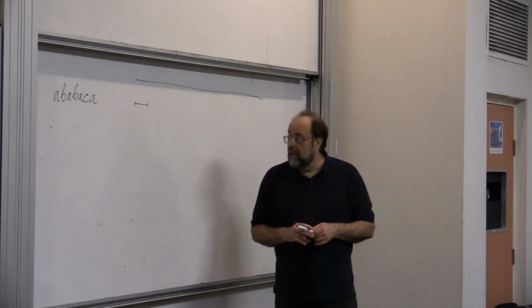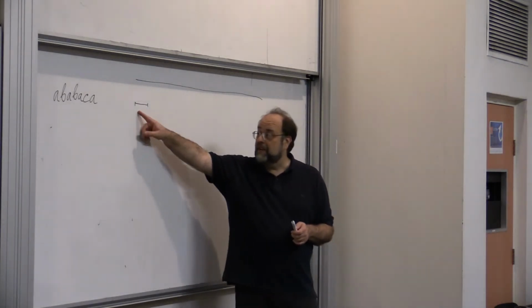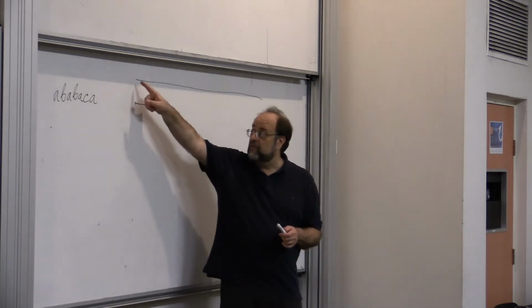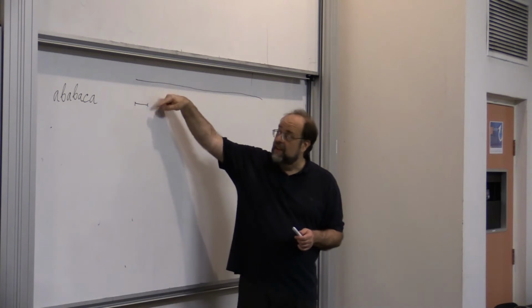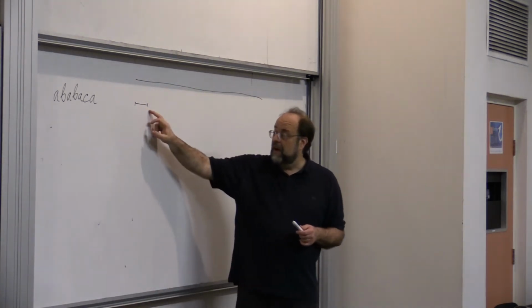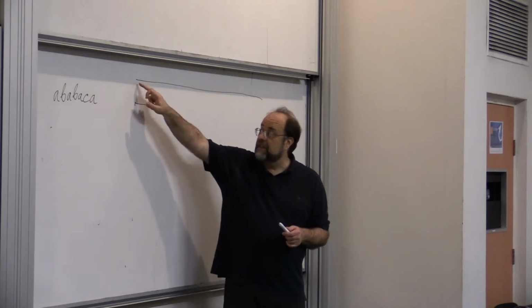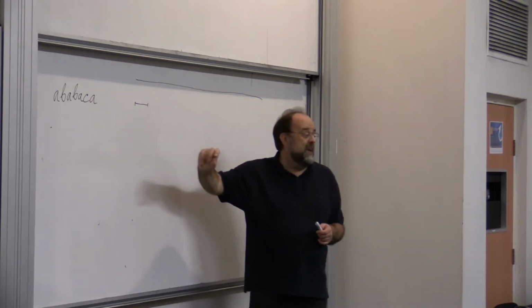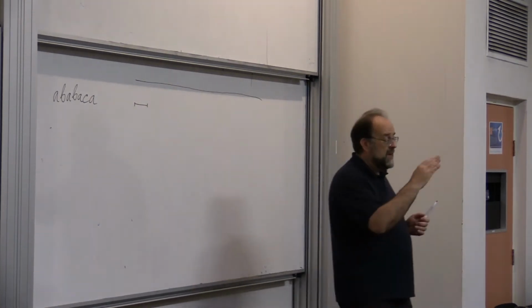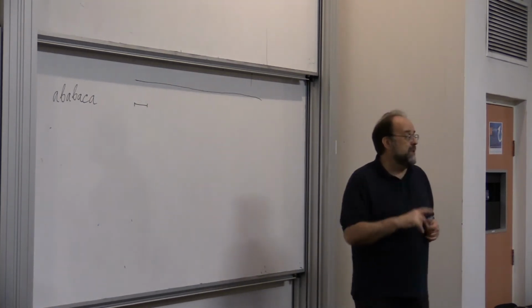Now, of course, the trivial way of doing string matching would be simply to start from this end and compare symbol by symbol this string with the initial substring of this one, and if it's not a match, you move one element to the right and you repeat this procedure.